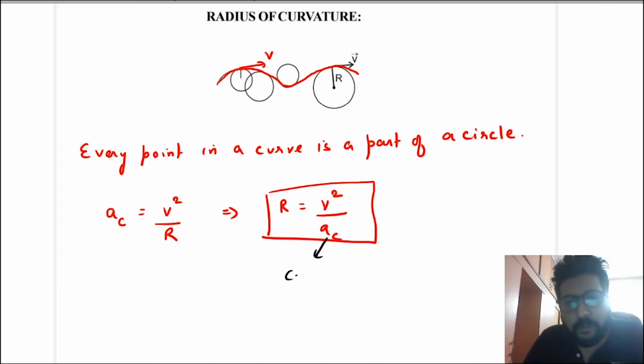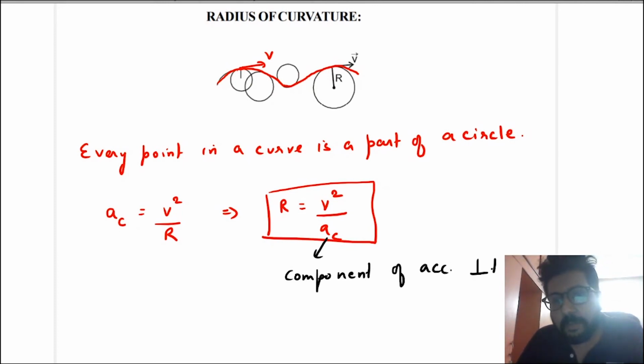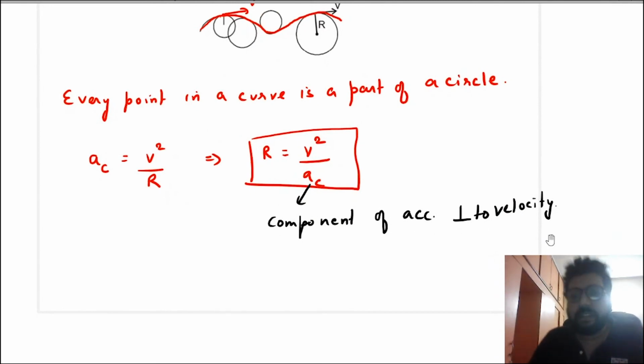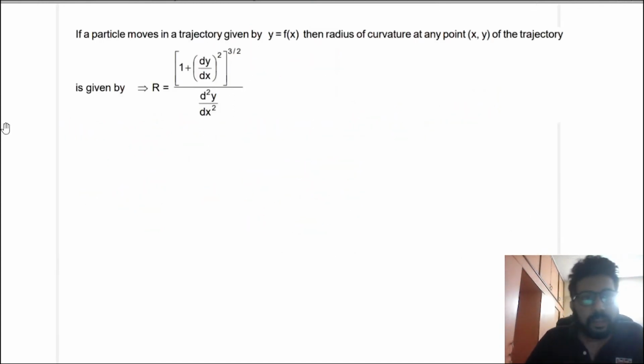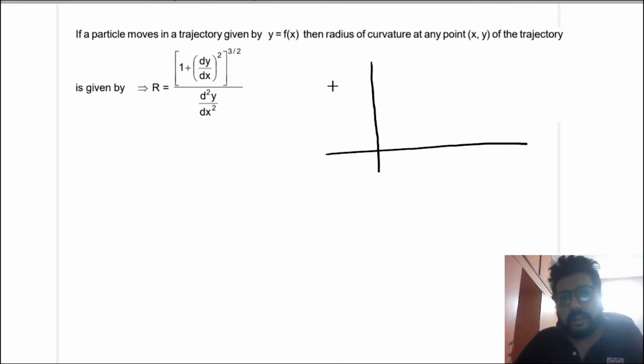This is the component of acceleration perpendicular to velocity. So if you find out the component of acceleration perpendicular to velocity using this formula, you can find the radius of curvature at any point. Now, if a particle moves along any function, say this particle moves along this curve given by y is equal to f(x).